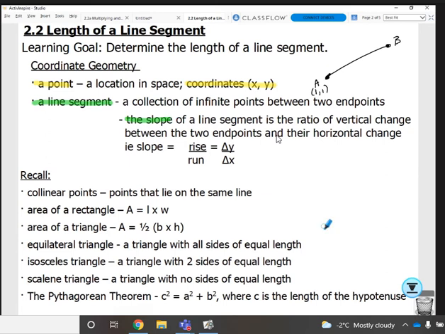Now, the slope of the line segment is the ratio of the vertical change between two endpoints and their horizontal change. Sounds a little weird, but what they're saying is it's just rise over run. Vertical change divided by horizontal change. So, rise over run.